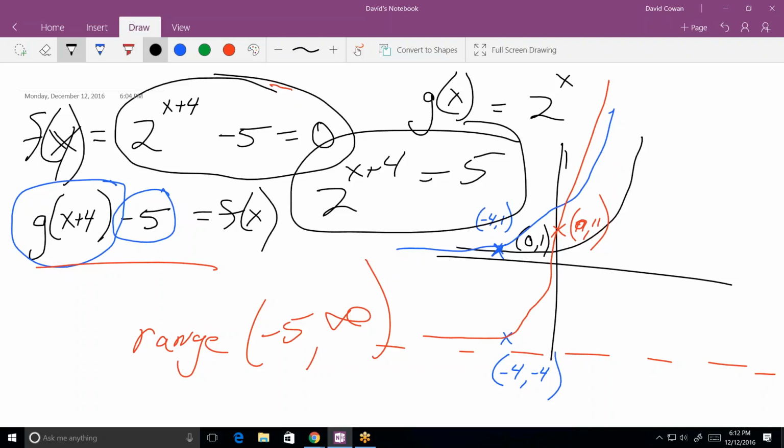So I take the natural log of both sides, bring the exponent down in front. You're going to end up with x plus 4 equals the natural log of 5 divided by the natural log of 2, and then minus 4. That's the x-intercept right there: natural log of 5 divided by natural log of 2, minus 4.